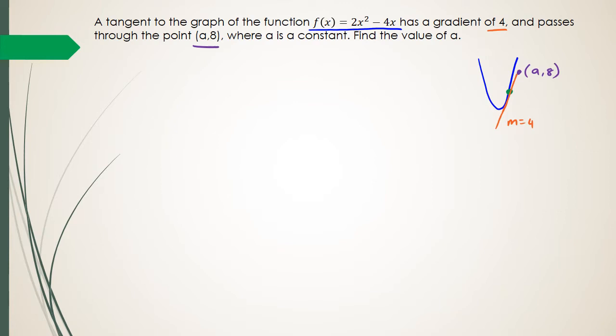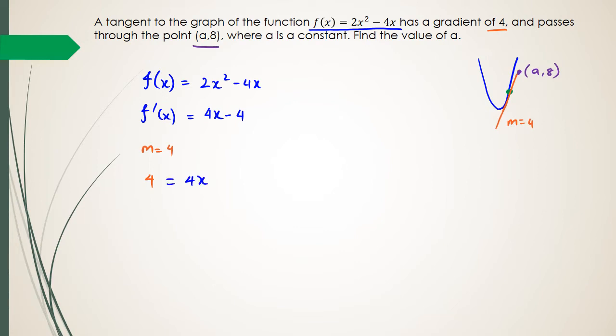So what I'm going to do is first work out what the gradient function is. The normal function is 2x squared minus 4x, so when I differentiate it, I end up with 4x minus 4. At this point, I know that the gradient is equal to 4, and I want to know what the x value is when the gradient is equal to 4.